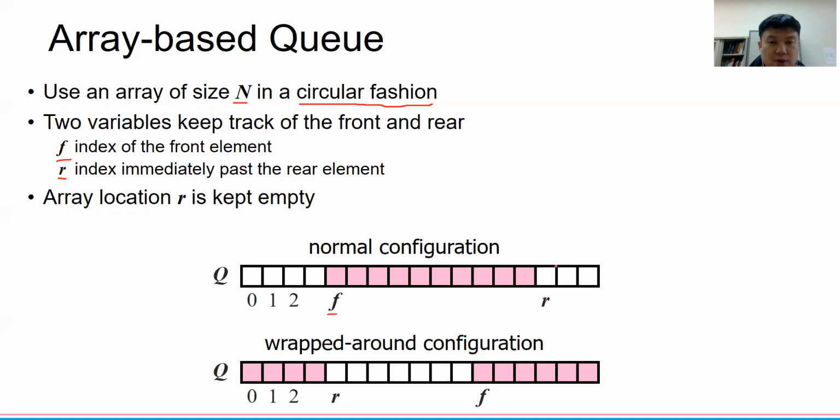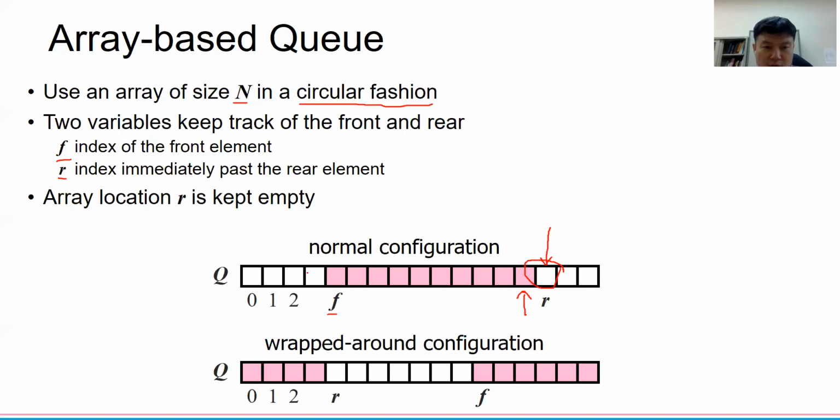So if we have a new element, it will be stored here. So this will be the last element. Now I want to keep the array location r, so I just want to keep this location. So for the normal configuration, we have it like this.